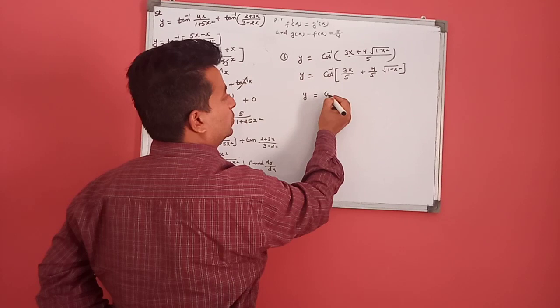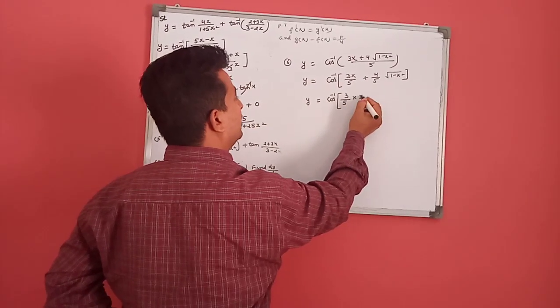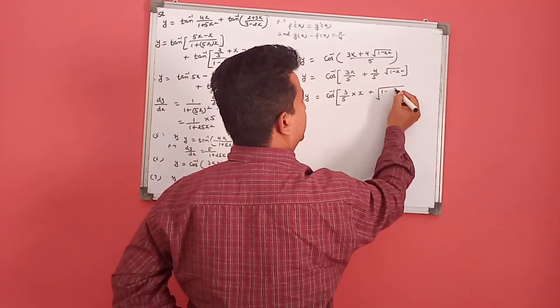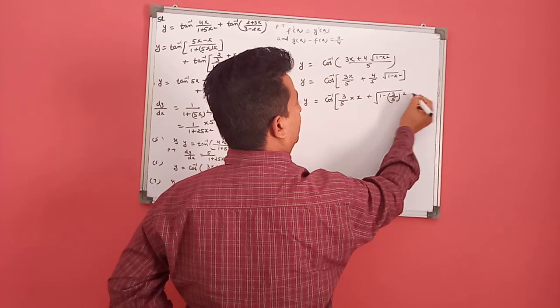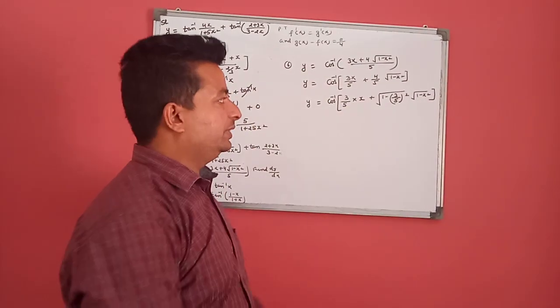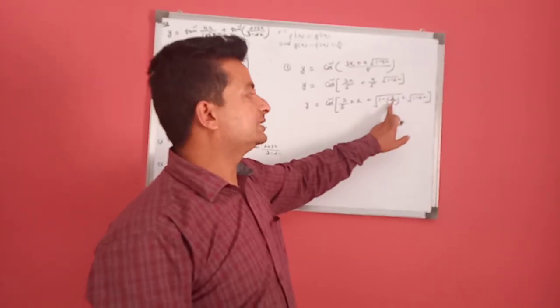This is also a tricky question. In this question we write 3 upon 5 into x, and we write this as the square root of 1 minus (3/5)². When we solve this, we get 1 minus 9 by 25, that's 25 minus 9, 16 by 25.